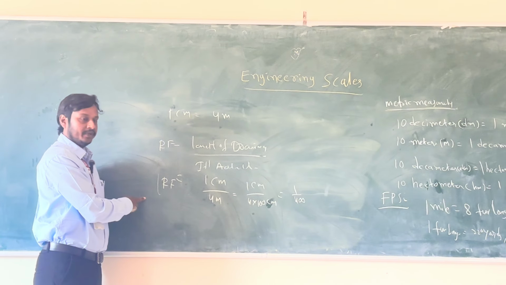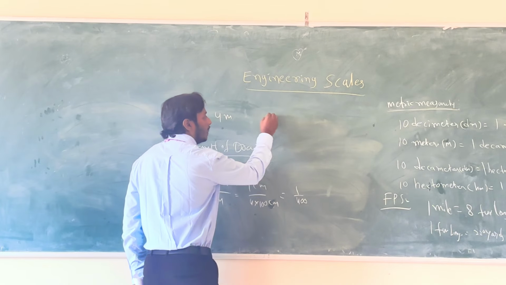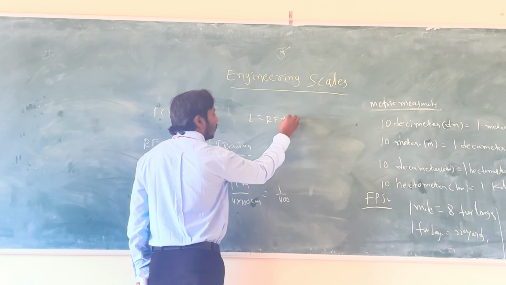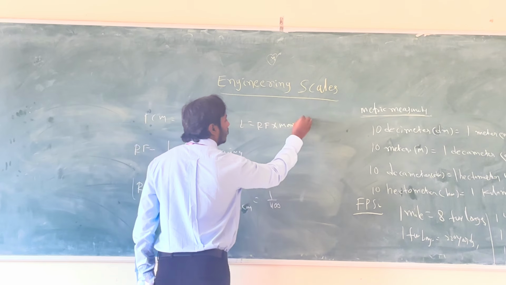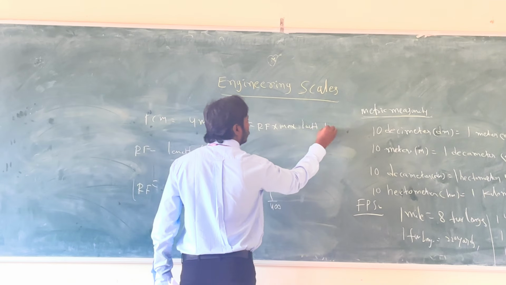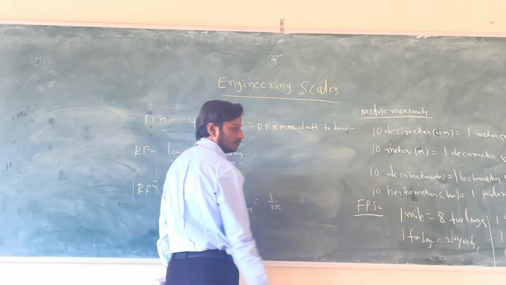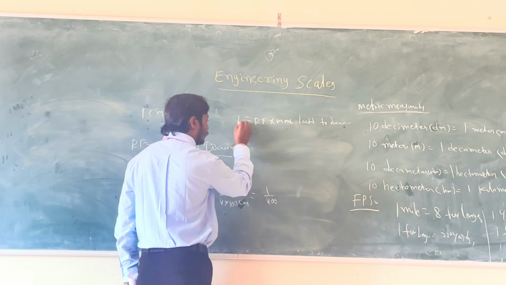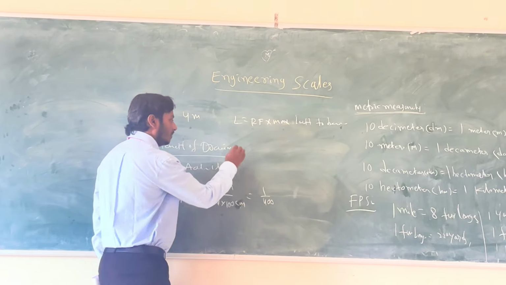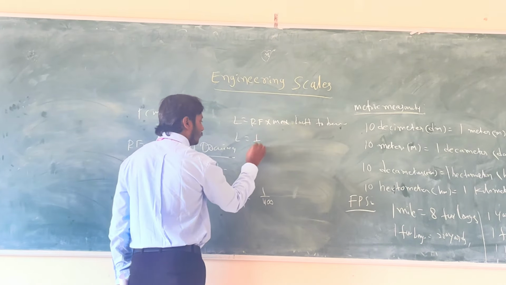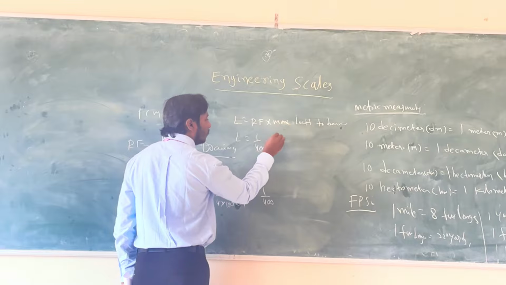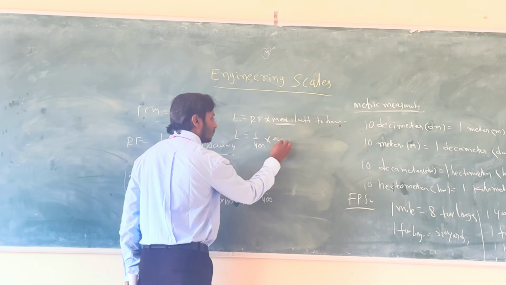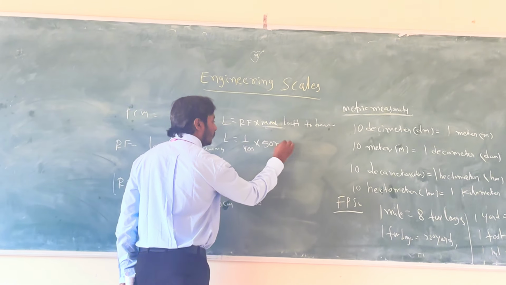RF is completed. Again, the formula: L is equal to RF into the maximum length to be measured. Find the length of the scale. L is equal to RF, 1 by 400, into the maximum length, 50 meters.